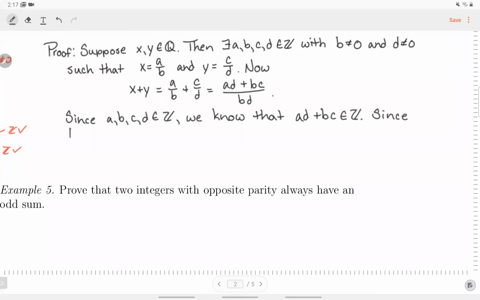Since b does not equal 0 and d does not equal 0, bd is an element of the integers minus the set containing 0. Thus, x plus y is indeed a rational number. End of proof, because that was our goal.